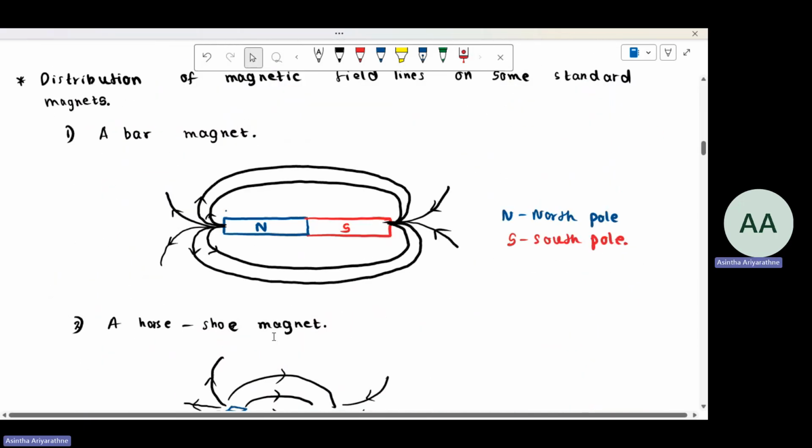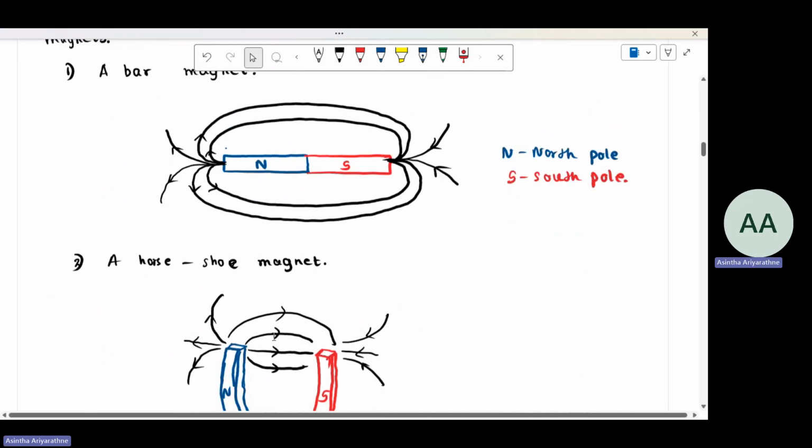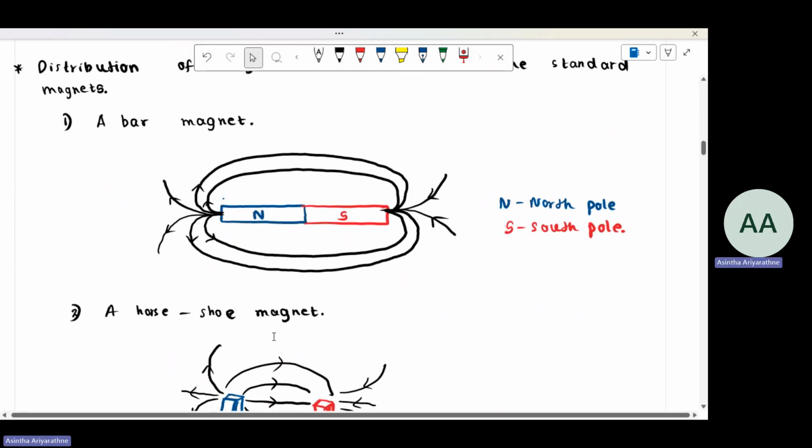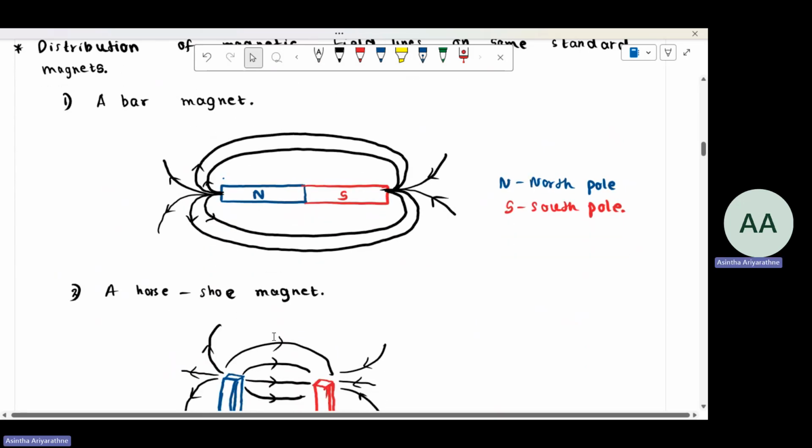And then we looked at the magnetic field distribution around some types of magnet, for example, a bar magnet and a horseshoe magnet.